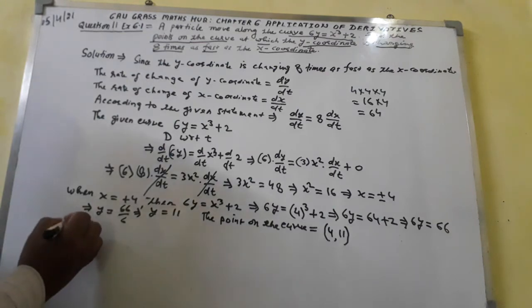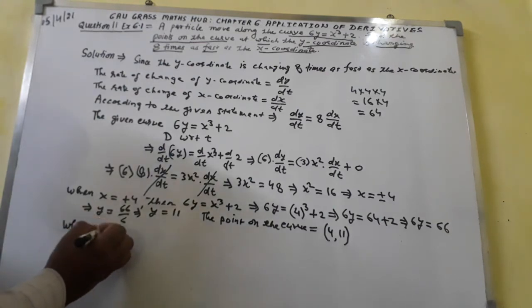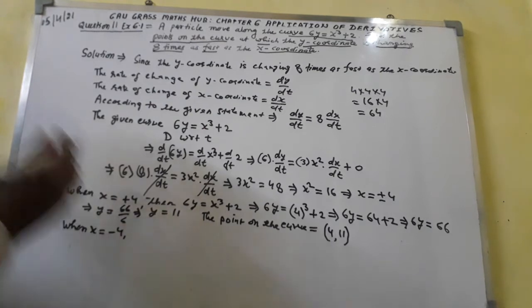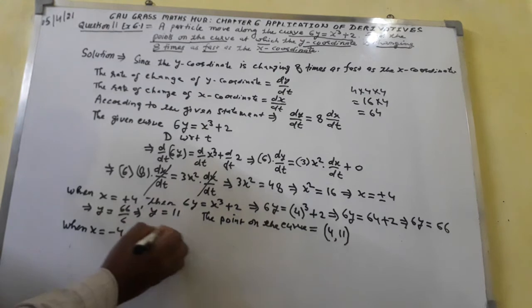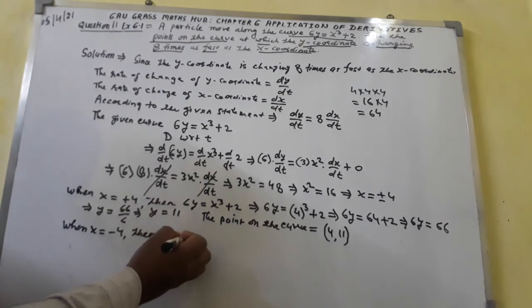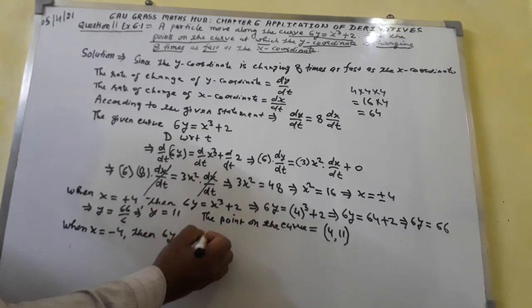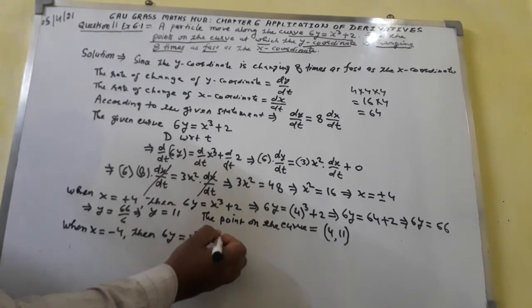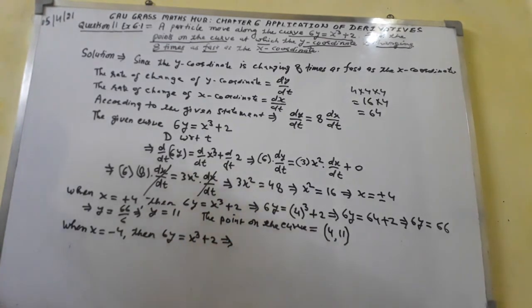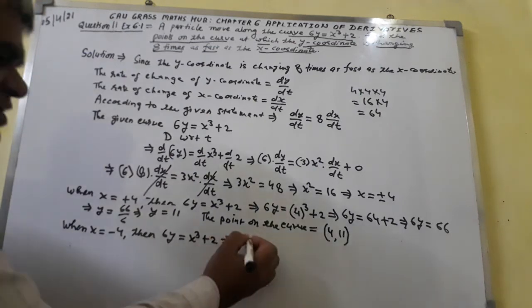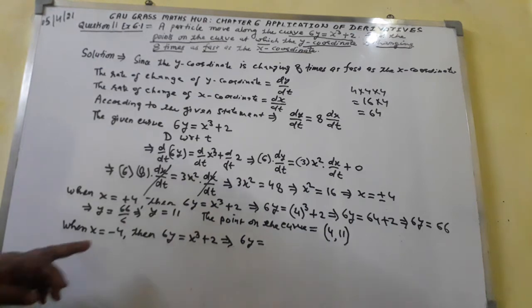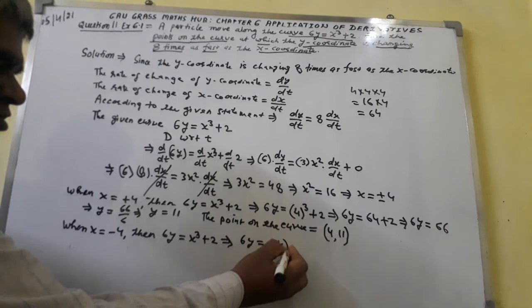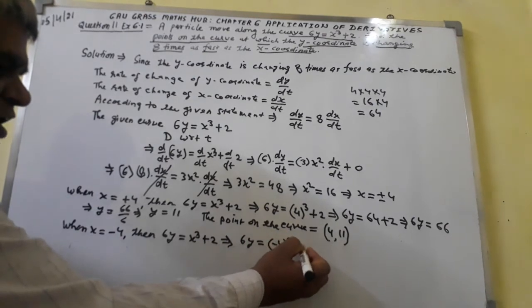Now when I shall take x equal to minus 4, so let us see what result comes out to be. When x equal to minus 4 I shall take, then 6y equal to x cube plus 2, implied that 6y equal to, in place of x I shall write minus 4 raised to power cube plus 2.